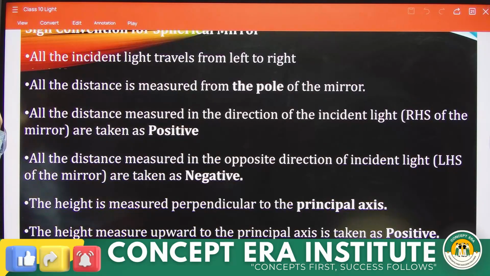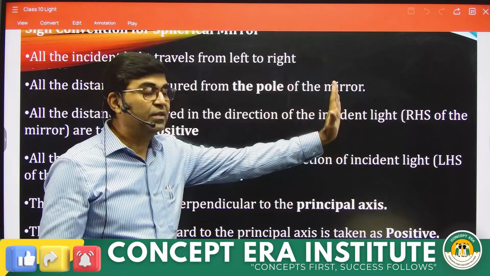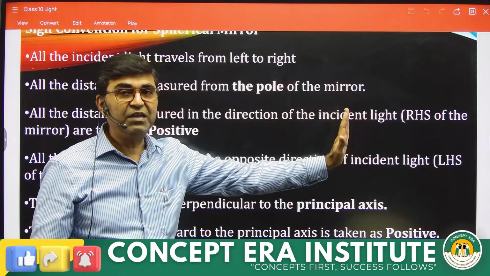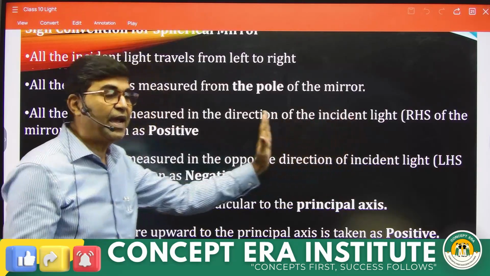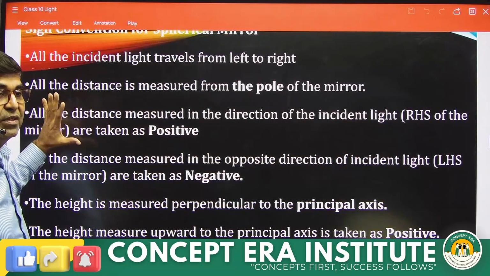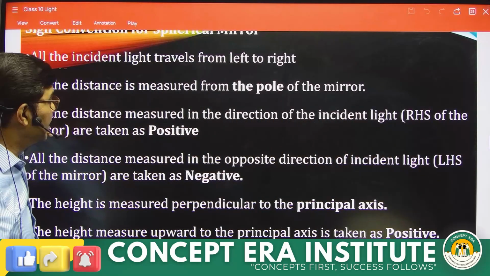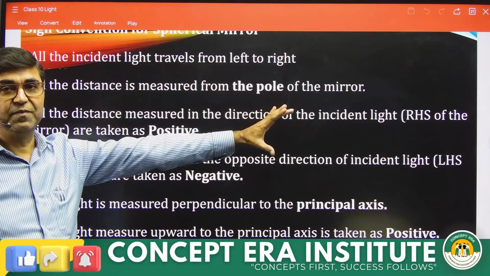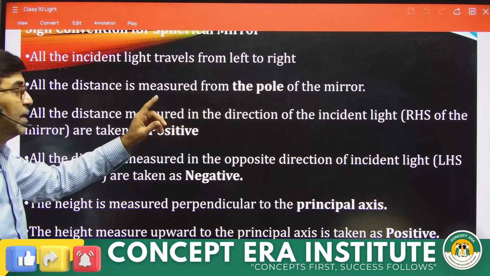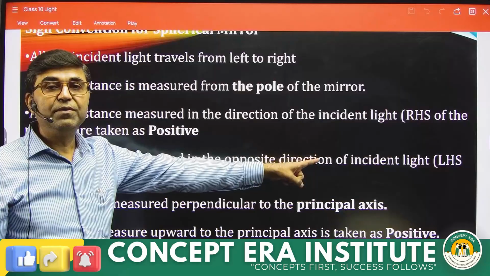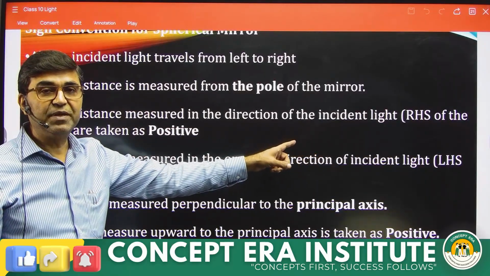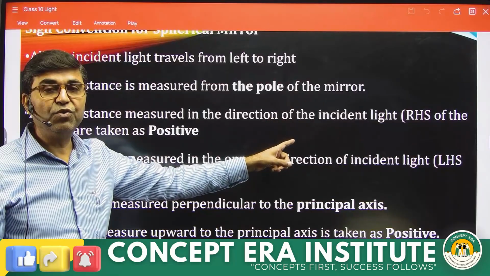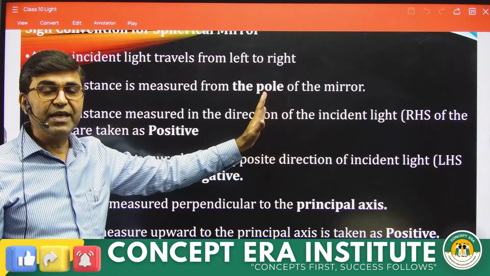An important point is that the mirror or the lens, whatever optical device you are using, is kept on the right side, and all the light incident on the device will be coming from the left side. This is a convention. The pole, as I've already told you, is the center of the mirror, and it plays the role of origin like in a graph.